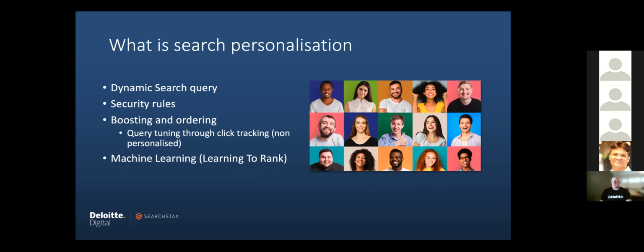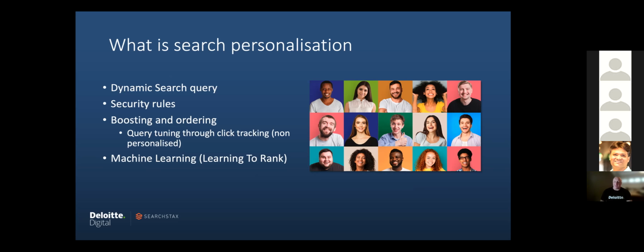Yeah, so there's a few things when people talk about personalization of search. There are a number of different things that people can mean or do mean. So first of all, I guess, is having dynamic search queries. So do you want to automatically add terms to search queries based on who the user is and therefore get back different results?